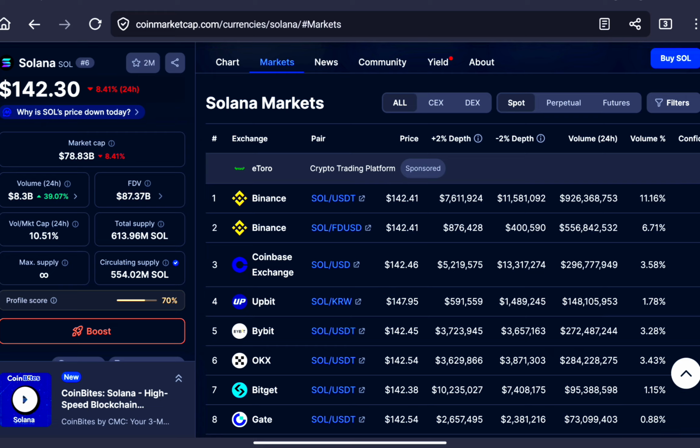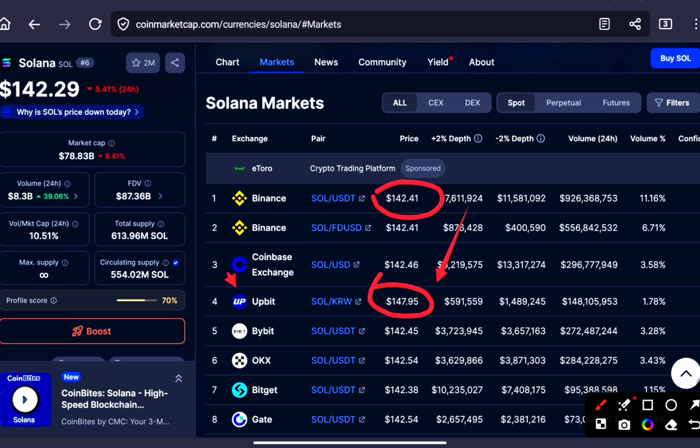So if you have the opportunity to be able to use that KRW on Orbit, then all you have to do is simply go to Binance and buy 1 or 2 or 3 or 10 Solana at this price, transfer it to your Orbit, and sell it all the way to KRW at this price. And once you've gotten your KRW worth this amount, you sell it back to USDT, transfer it back to Binance, and repeat the process as much as possible.